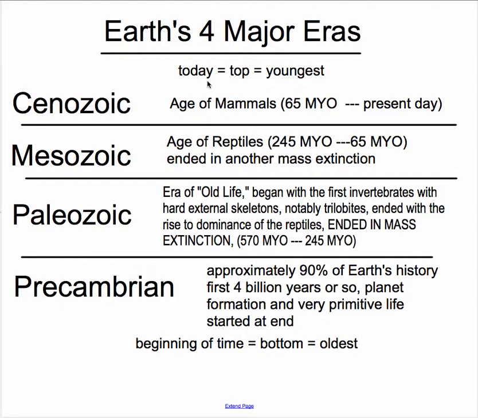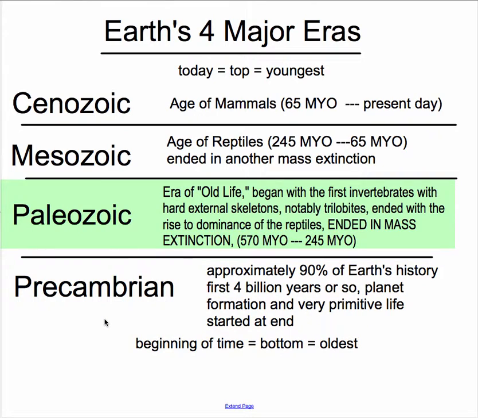So the Precambrian, which means before Cambrian, is approximately 90% of Earth's history, the first 4 billion years or so. That's primarily planet formation, and very primitive life was starting towards the very end, right before what's called the Cambrian explosion. I'll let Mr. Gilbert talk about that.